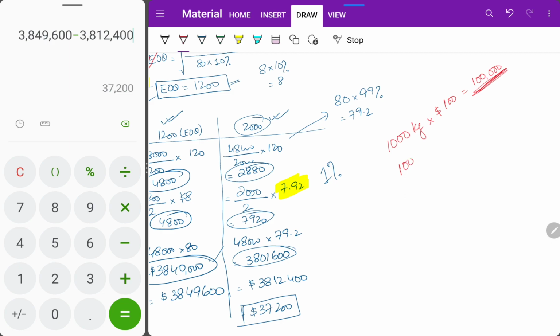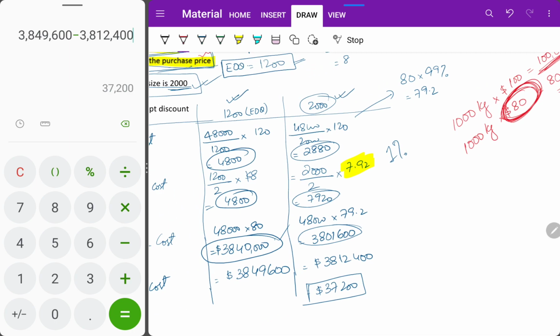But if for the same 1000 kilograms, suppose something happened and there is an increase in supply of raw material, and now you are getting the same raw material at $80. That means just 80,000 is stuck in the store department in the form of inventory, right? So now the opportunity cost is lower, because now only 80,000 is stuck. So if this amount reduces, it reduces the opportunity cost, right?